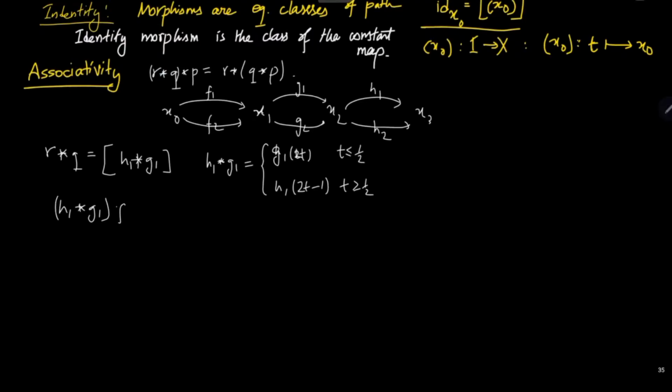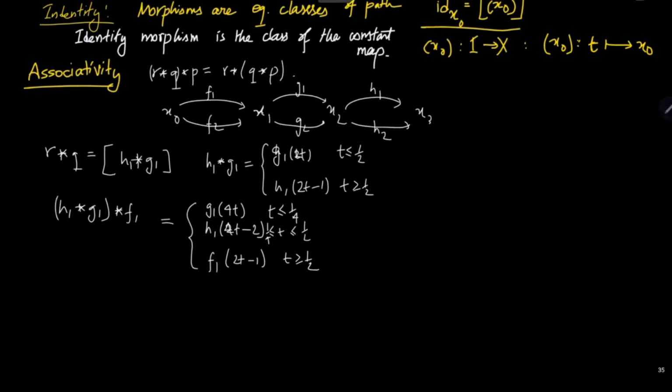So h1 star g1, if you start that with f1, would be equal to a crazy thing. It is g1 of 4t for t less than or equal to 1/4, h1 of 4t minus 2 for t between a fourth and a half, and f1 of 2t minus 1 for t greater than or equal to half.